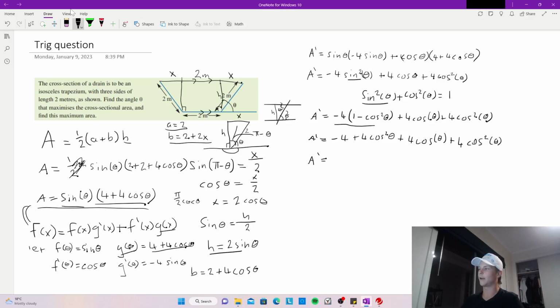Yep. Alright. We'll further simplify this. We'll be able to combine these two ones here to our 8 cos squared theta, and then plus 4 cos theta.